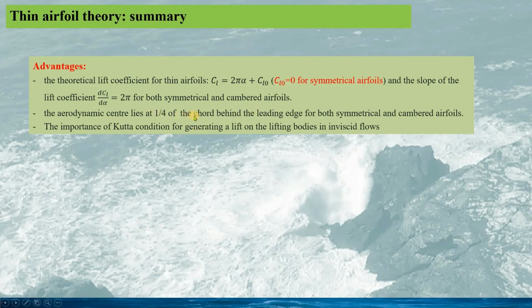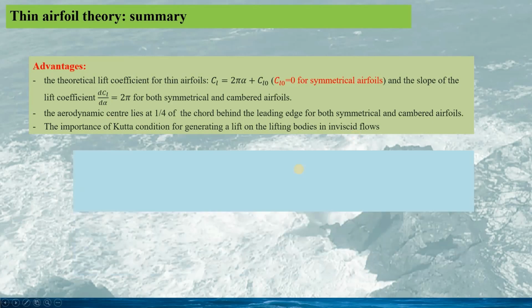The aerodynamic center lies at a quarter of the chord behind the leading edge for both symmetric and cambered airfoils. The importance of the Kutta condition is shown for generating a lift on the lifting bodies in inviscid flows.